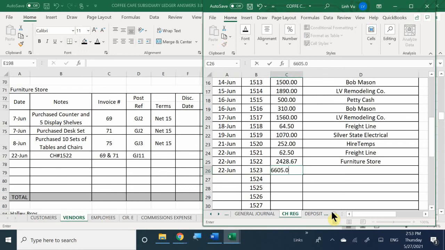Can you wait one second while I catch up quick? Yes. Thanks. Where have you left off? I'm doing the general journal right now. Okay, we're just writing in the amount. We're on that part too. And we're making this check out to furniture store.